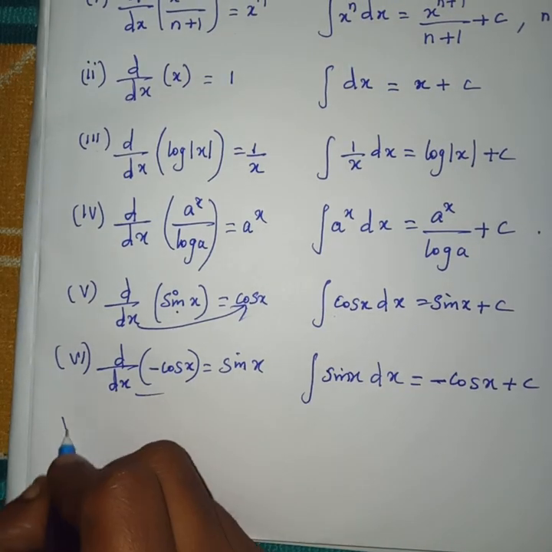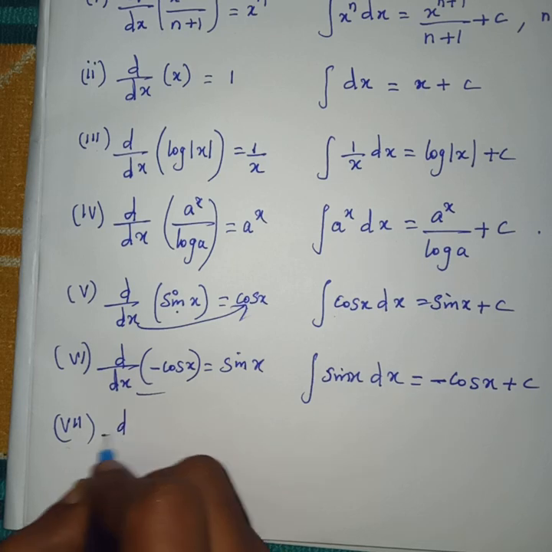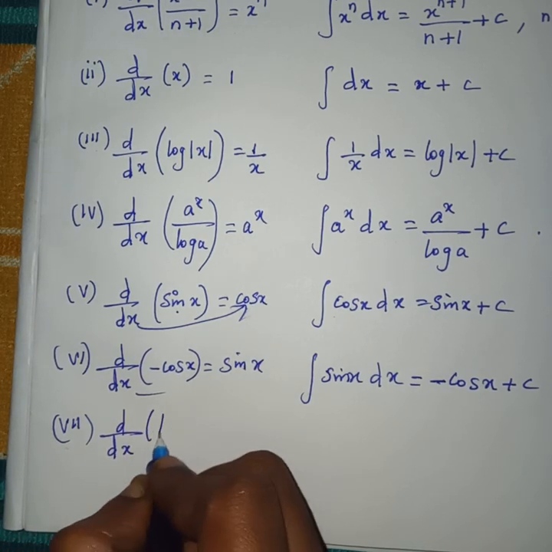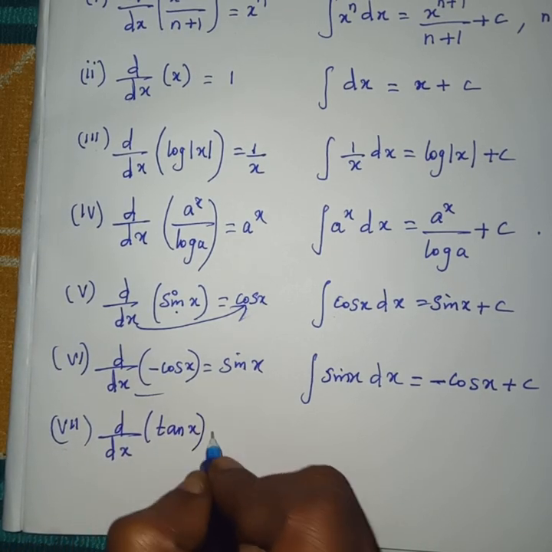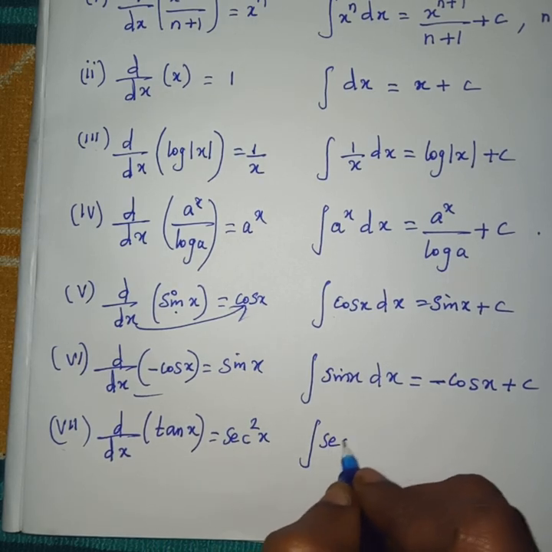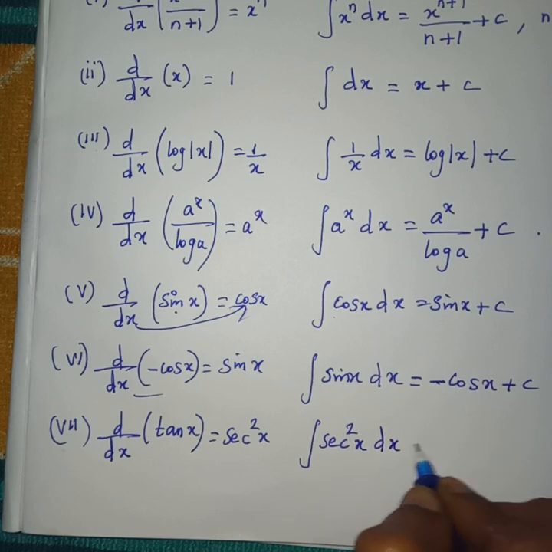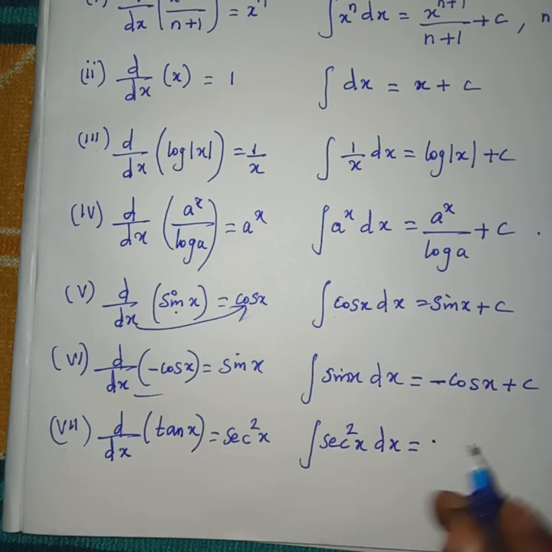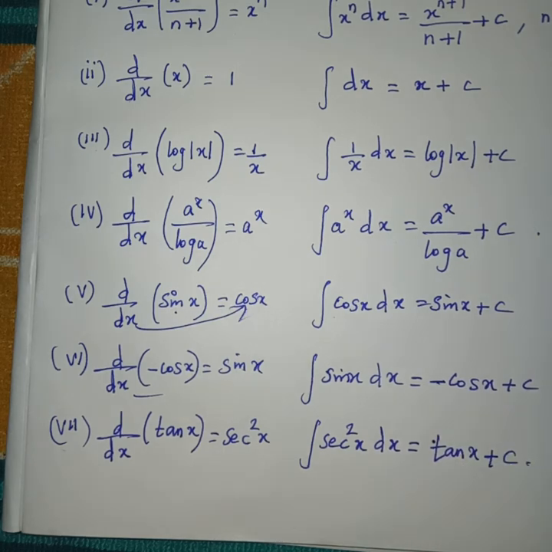The seventh: d by dx of tan x is secant squared x, so the integral of secant squared x dx equals tan x plus c.